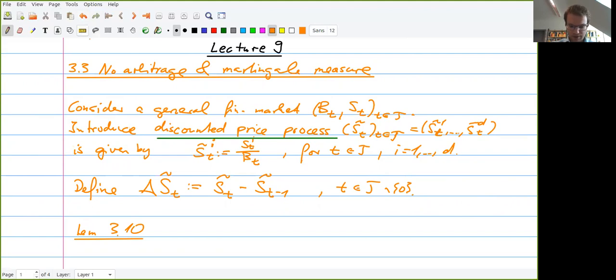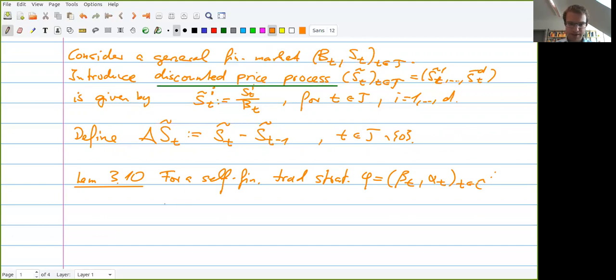It tells you that if you have a self-financing trading strategy phi, consisting of our position in the risk-free asset and in the d risky assets, we can represent the discounted value process associated to this trading strategy phi.